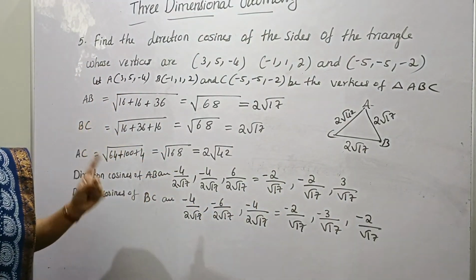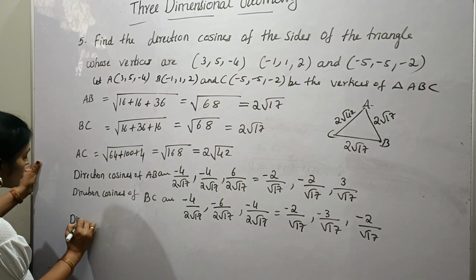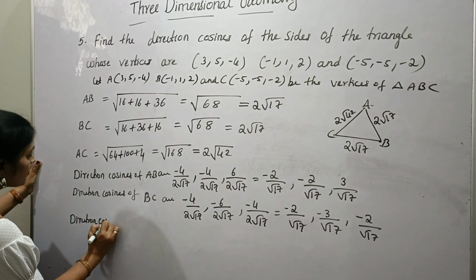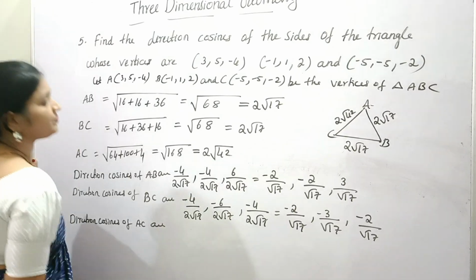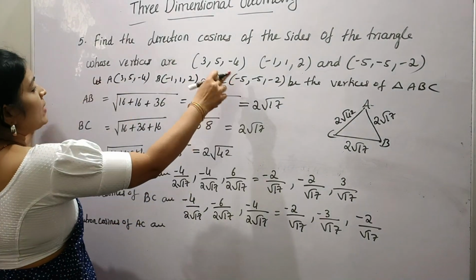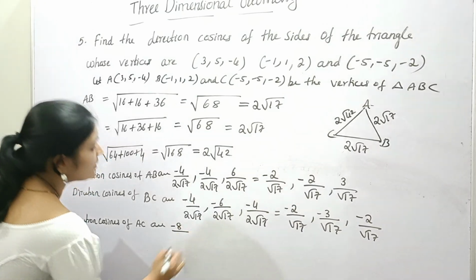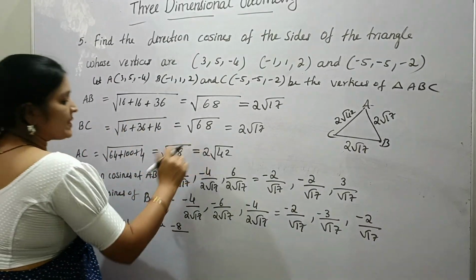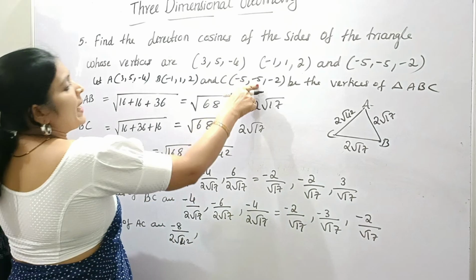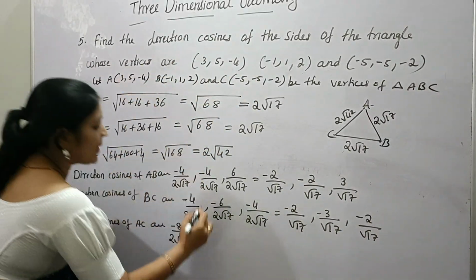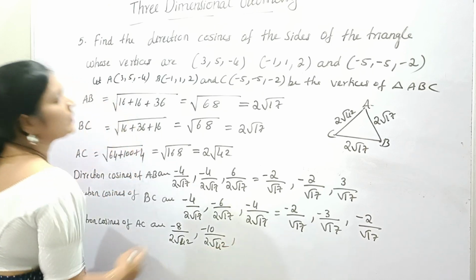Next we will find the direction cosines of side AC. These are the points: minus 5 minus 3, minus 8, divided by the length of AC, 2 root 42. Minus 5 minus 10 divided by 2 root 42.